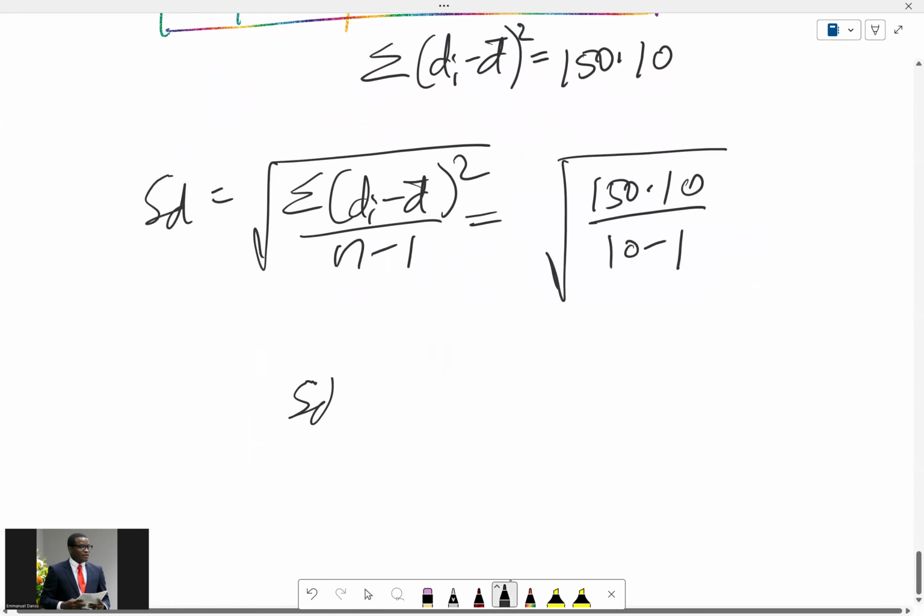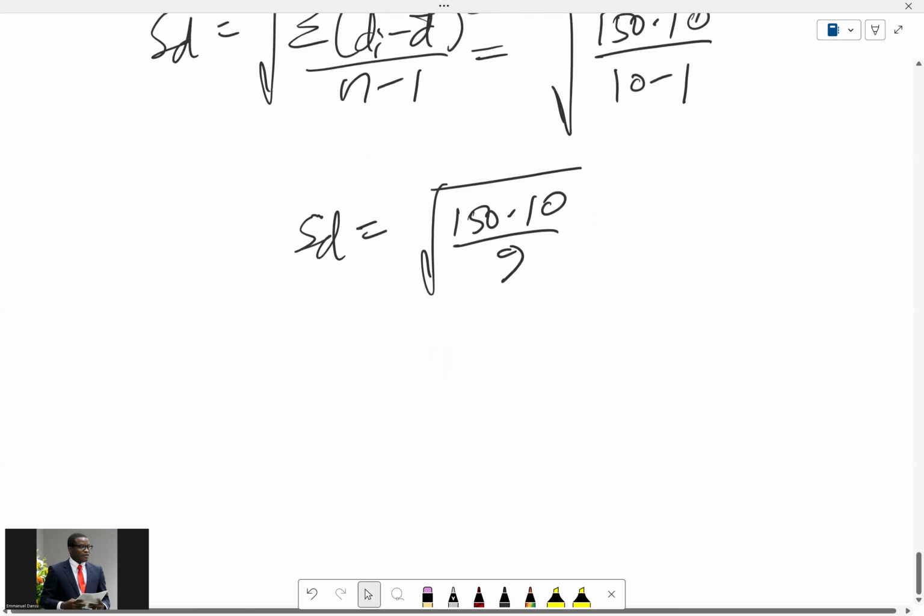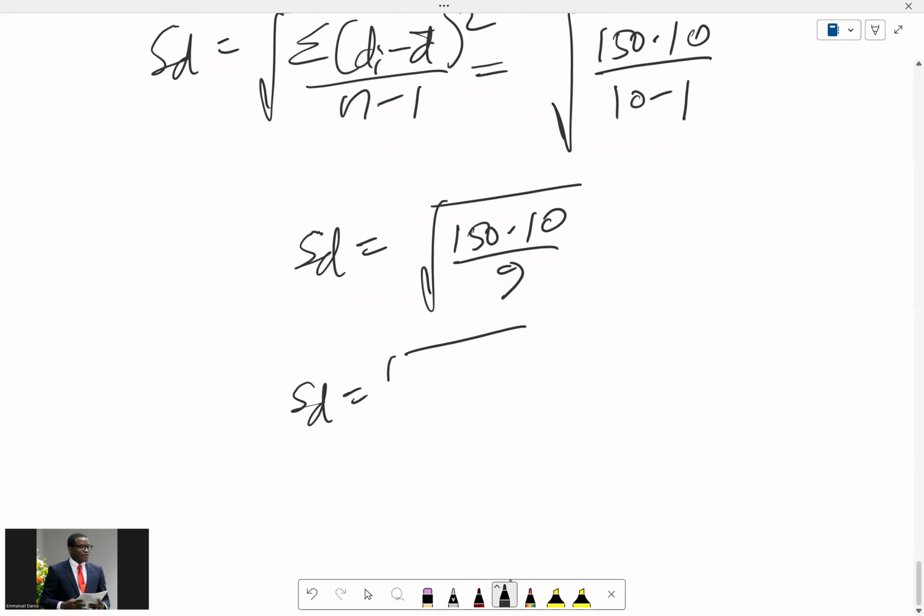So SD is the square root of 150.10 divided by 9. 150.10 divided by 9 is 16.6778, so SD is the square root of 16.6778. Okay, so square root of this now.